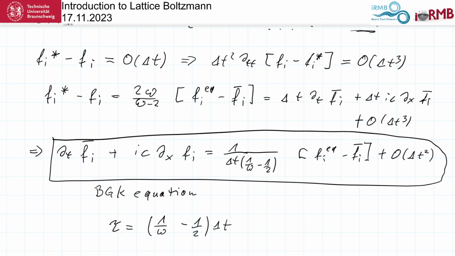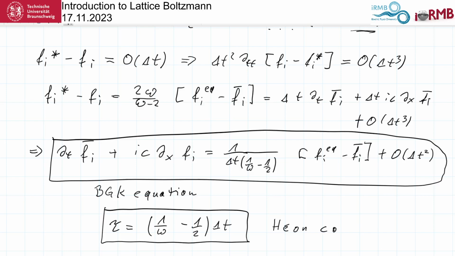So it's not just 1 over omega, but it's 1 over omega minus 1/2. And this guy here is called the Eon correction, because Eon, I believe it's pronounced, was the guy who first discovered this with a completely different kind of derivation.